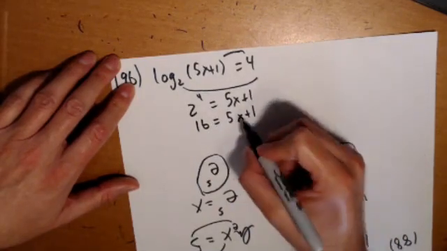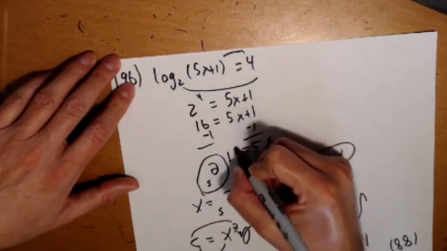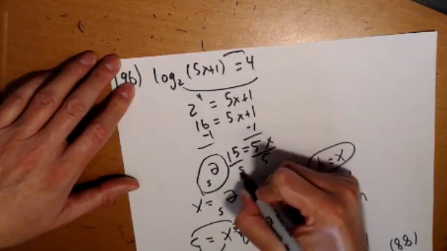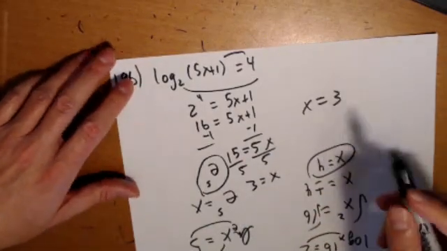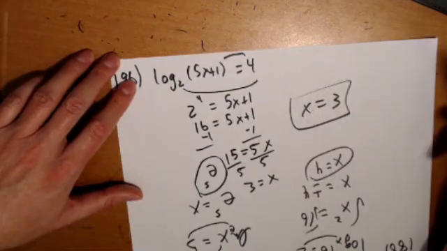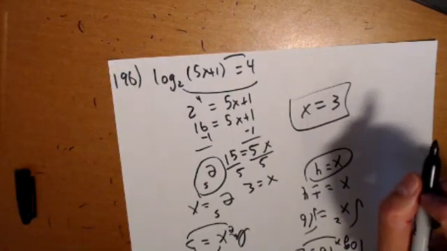Let's solve for x. Minus 1, minus 1. 5x equals 15, divided by 5, divided by 5. x is 3. Write it one more time as x equals 3. And is that about as difficult as it gets? Pretty much. We'll do one more.